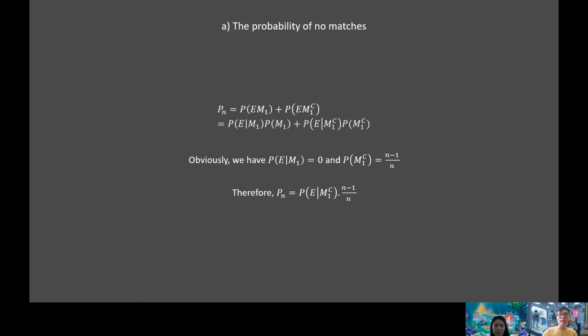And besides, the probability that the first man does not select his own hat but selects among the n minus 1 hats of others is equal to n minus 1 divided by n. Therefore, we could say that the desired probability is equal to the probability of E given M1C times n minus 1 divided by n.